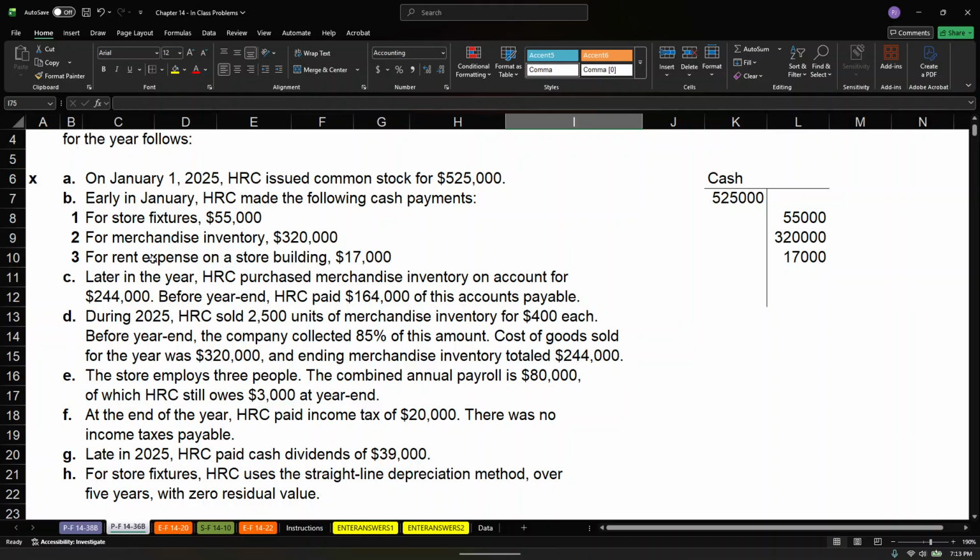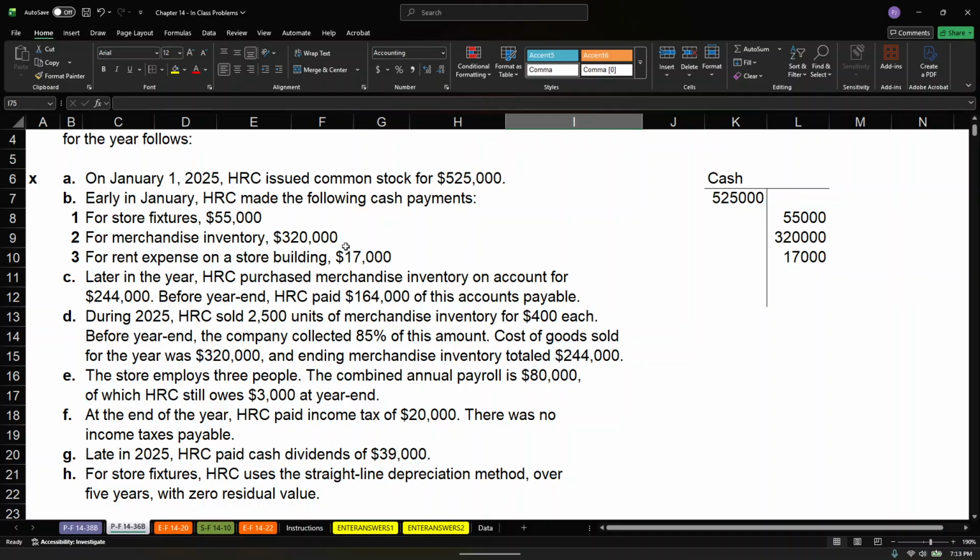And then third, we had rent expense, 17,000. Okay. So this is something that's going to go on what income statement? Or sorry, it's going to go on the income statement. Sorry, I just told you the answer. So this is not on the balance sheet. Again, this is why I'm saying this problem is a really good test of your understanding of how transactions relate to the financial statements.